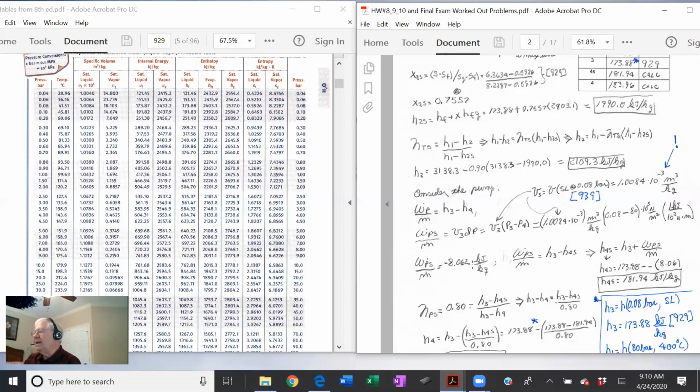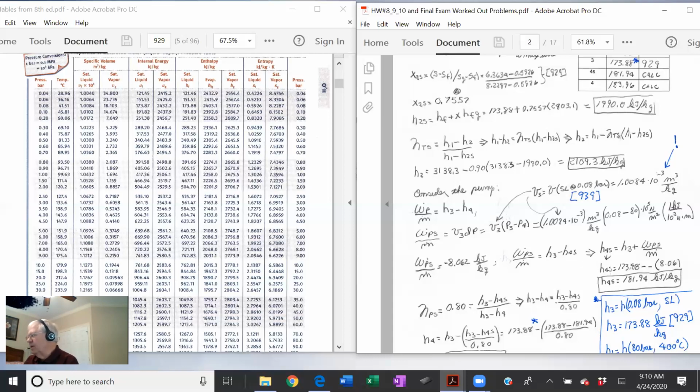So I'm going to back into it to find H4S. I know what H3 is, it was a gimme lookup. I've just calculated isentropic work using this formula, V dP. So now, with simple calculation, and make sure you keep your signs right, I get H4S. Remember, it's got to be bigger than H3 because it's a higher pressure.